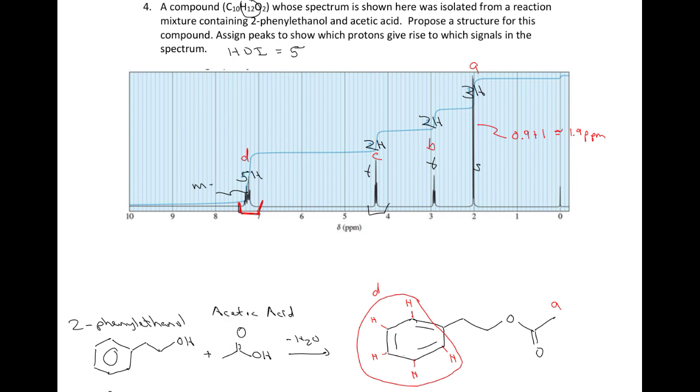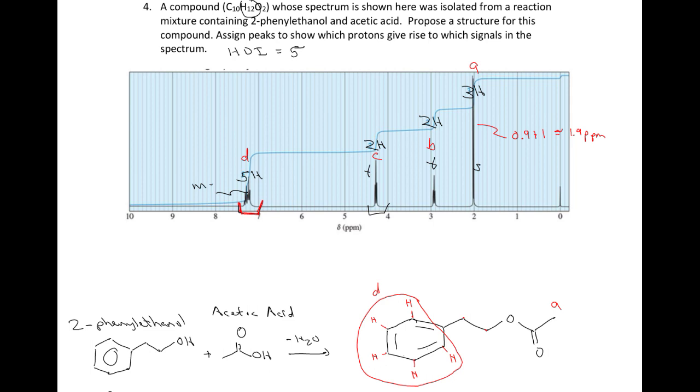Then we have to look at these CH2 groups. There's a CH2 here, and there's a CH2 here. Which one of those should give rise to which signal? Well, the one that's next to the oxygen, we would take 1.2 and add 3 to that.